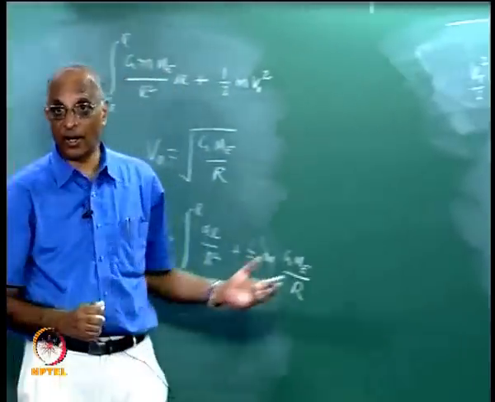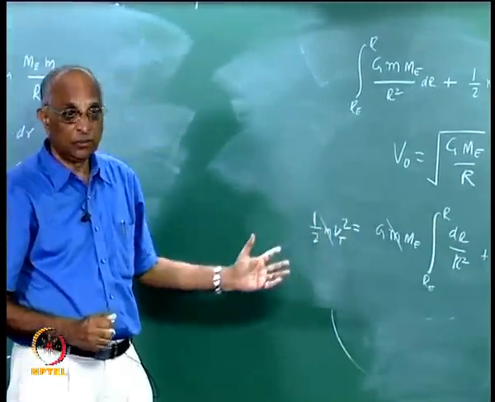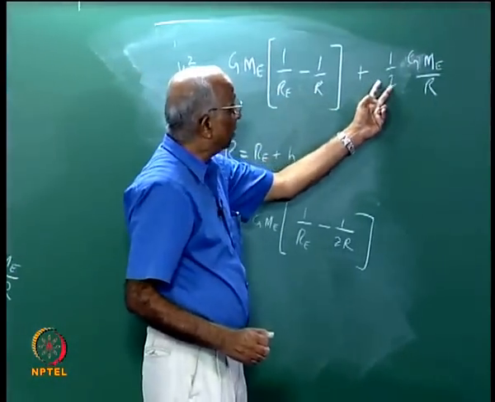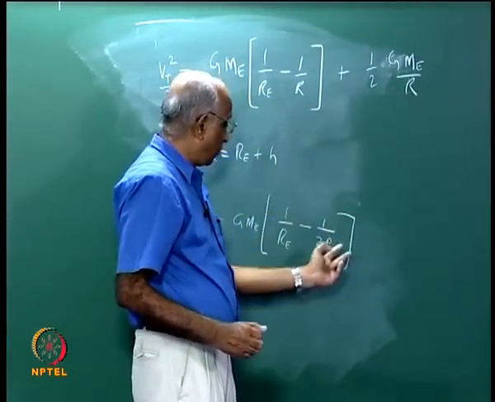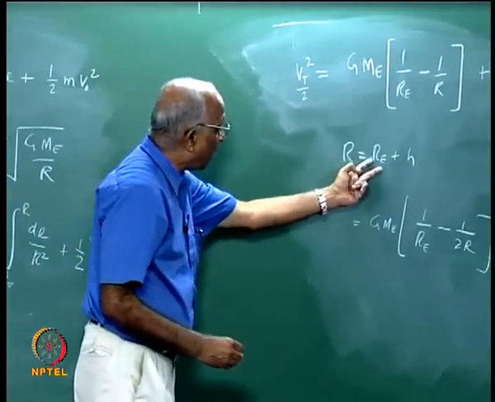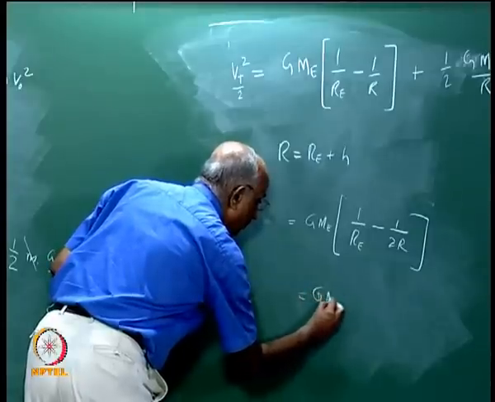Please check, I may be making a mistake, please check if it is all right. All we said is minus 1 over r plus 1 over 2r, therefore minus 1 over 2r is here.